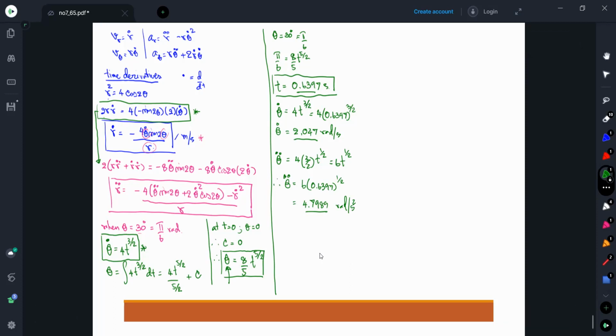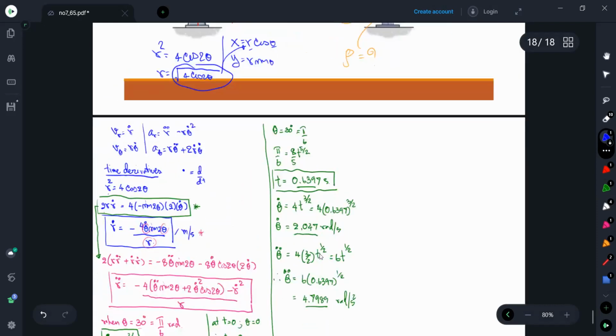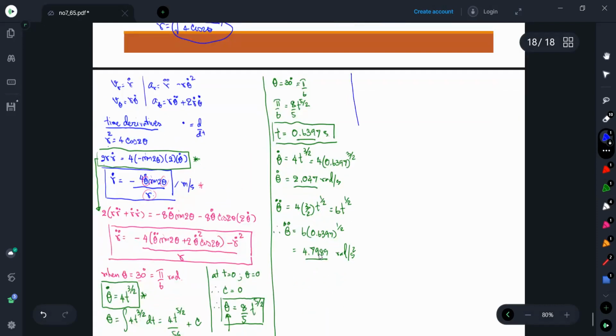Now, actually it should be all terms now. For the case that we would like to find VR, VR is R dot.